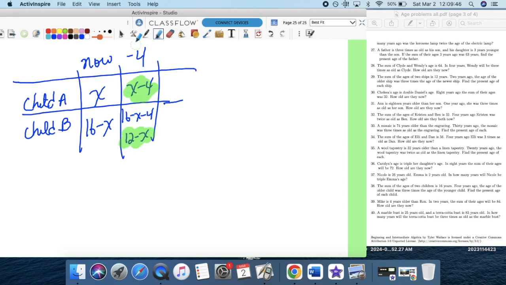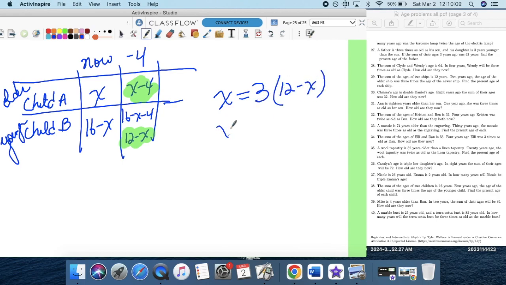Now let's set up the equation using those ages. 4 years ago, the age of the older child, and let's call this the older child and this one the younger child. The older child, X, was equal to 3 times the age of the younger child, 12 minus X. X equals 36 minus 3X.